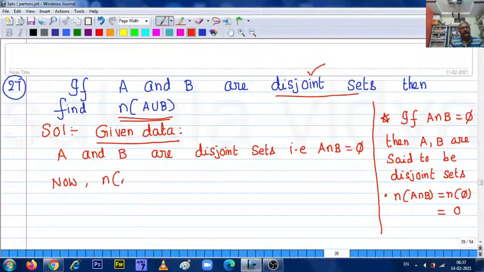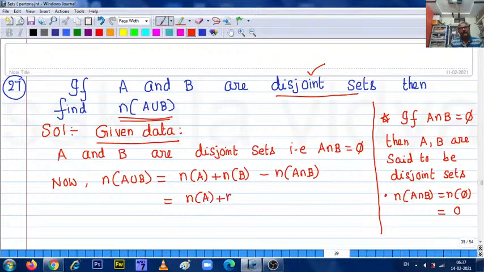Now n of A union B. Using formula, what is n of A union B? n of A plus n of B minus n of A intersection B. So now this we can write n of A plus n of B minus n of phi. A intersection B means n of phi is equal to 0.